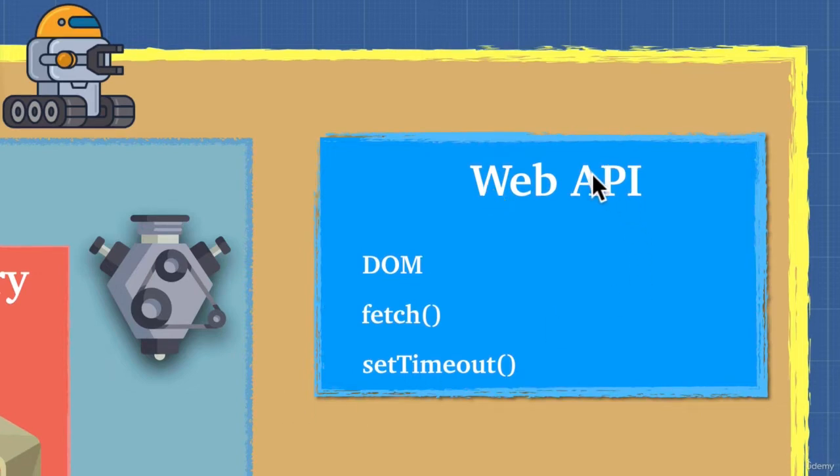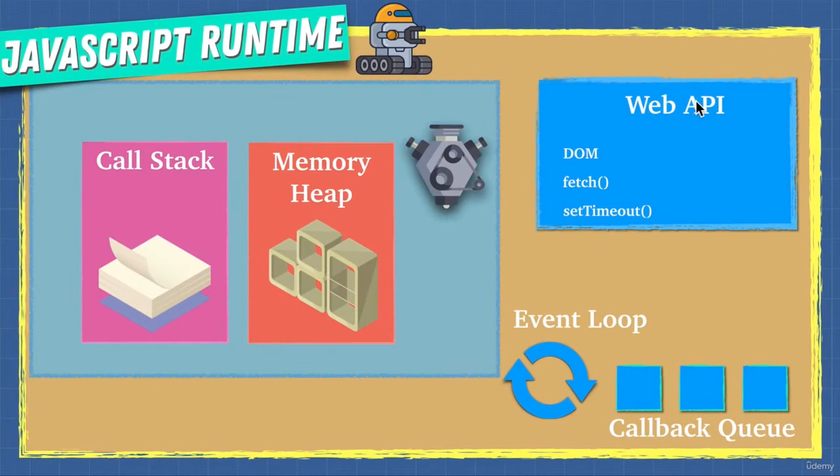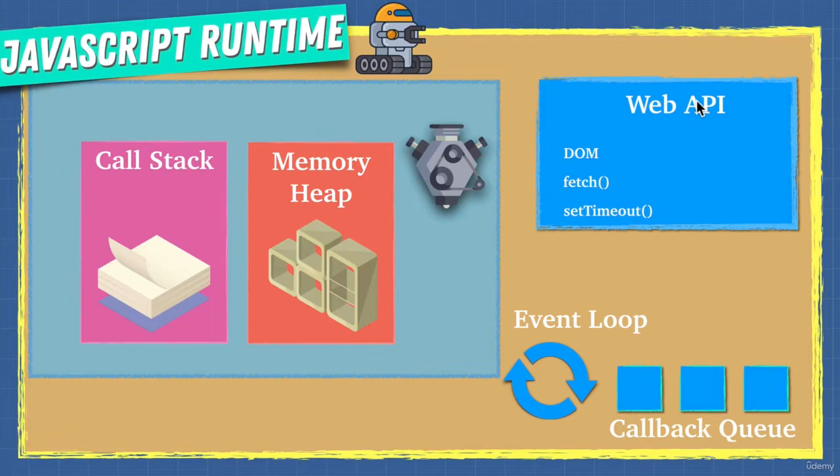The Web API comes with the browser. Chrome, Microsoft Edge, Safari, Firefox. All of them have their JavaScript engine implementation, and all of them have a JavaScript runtime that provide a web API.